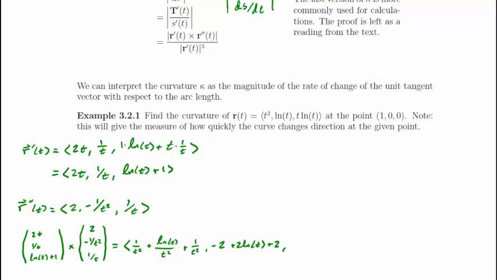We get 2t times negative 1 over t squared, which is negative 2 over t, minus 1 over t times 2, which is 2 over t. All of this simplifies down to natural log of t plus 1 all over t squared, comma 2 natural log of t, comma negative 4 over t. So this is my r prime crossed with r double prime.